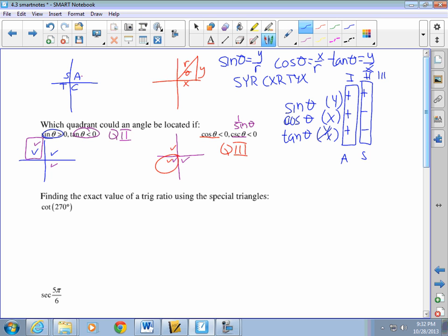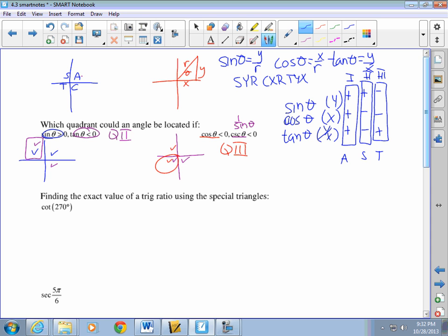Quadrant 3 has T for tangent. So tangent is positive, but our x and y values, or our cos and our sine values, are negative.